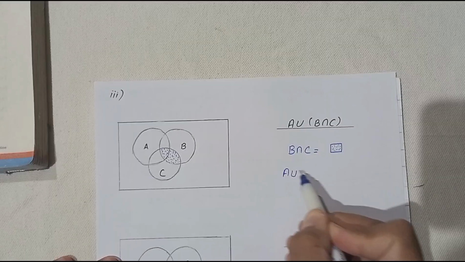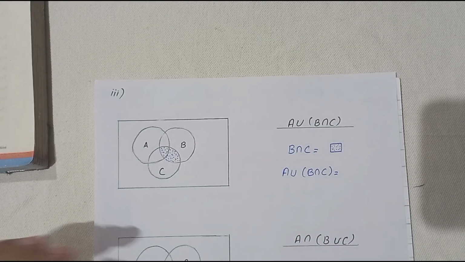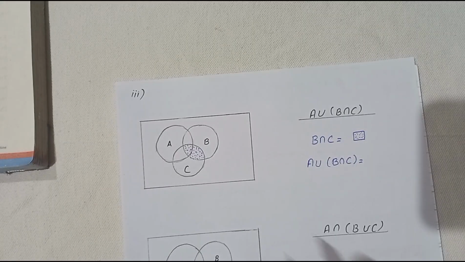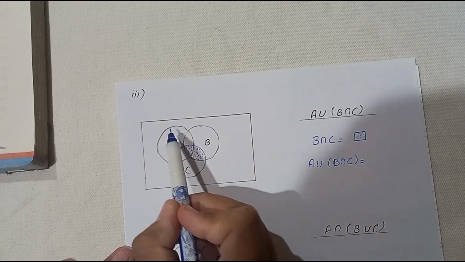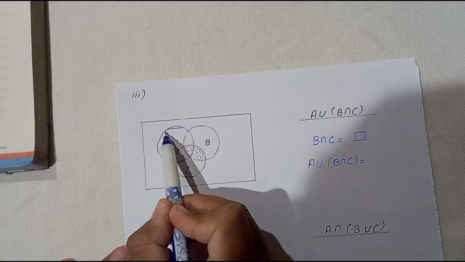So A union B intersection C part is all part of A and this. So we shaded A part with horizontal lines.